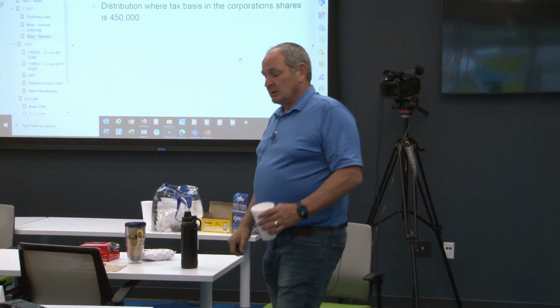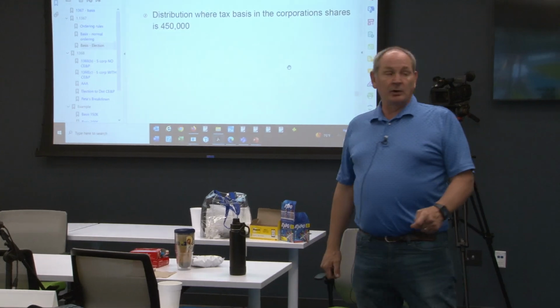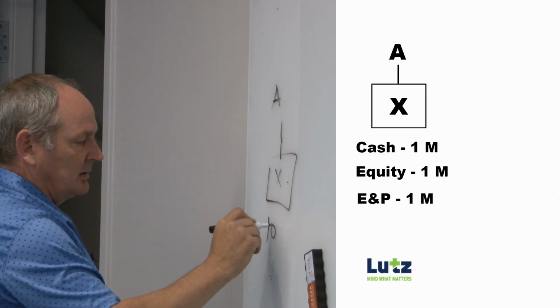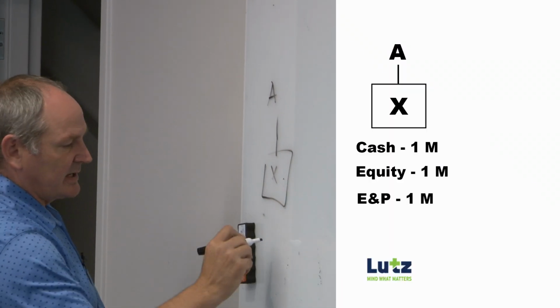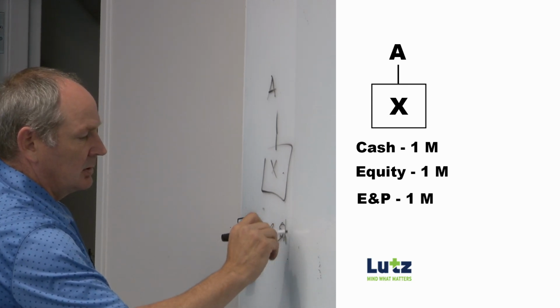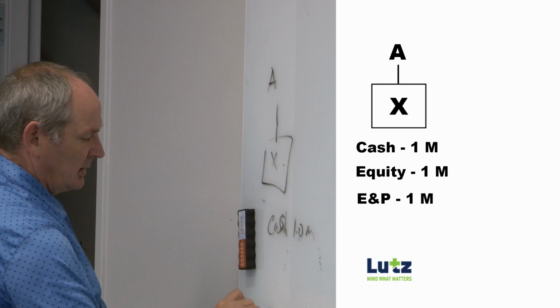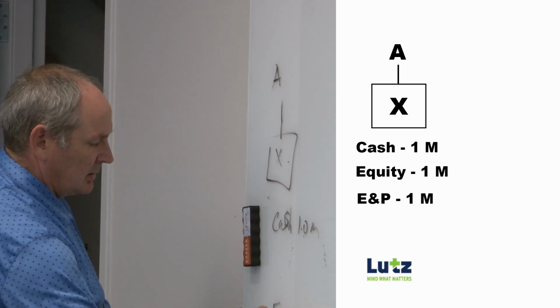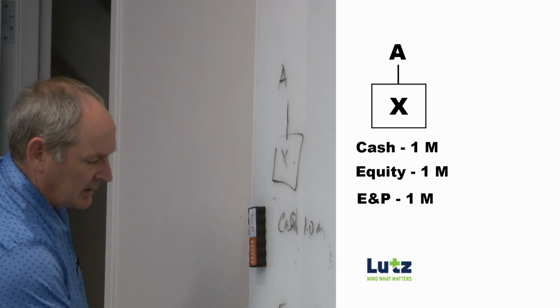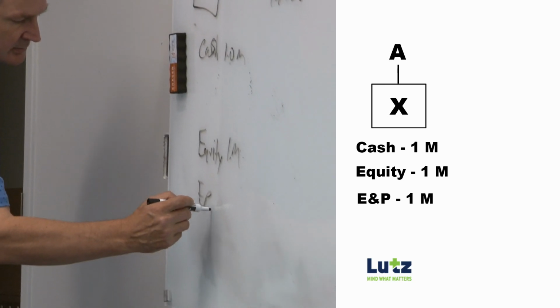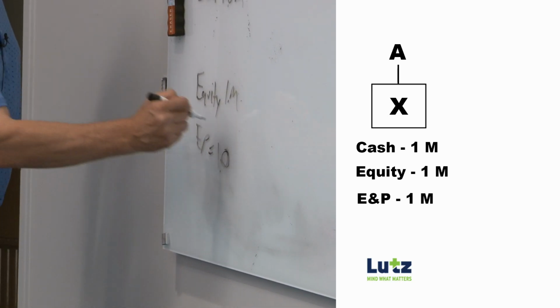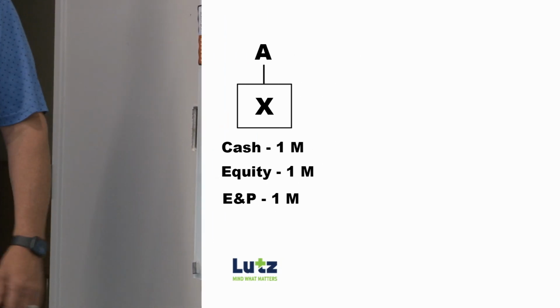So, well, that's bad. Because let's pretend that we convert, we have a corporation X that's owned by A, and it has a balance sheet that says cash 1 million, equity 1 million, which would infer EMP is what, Trent? 0. 1 million.